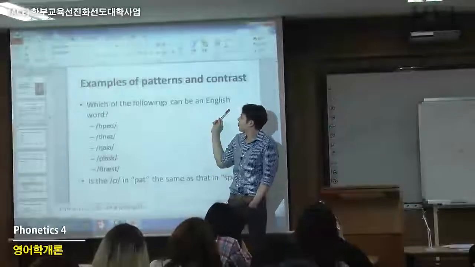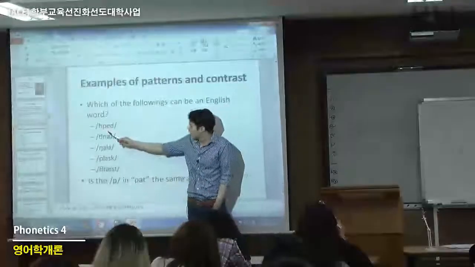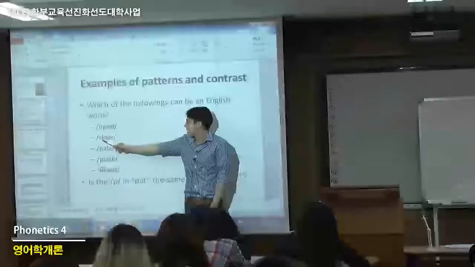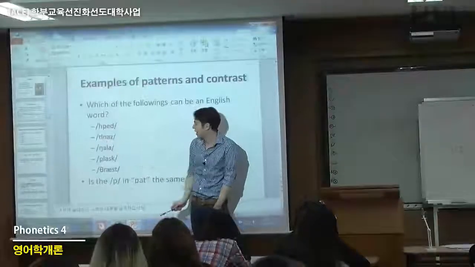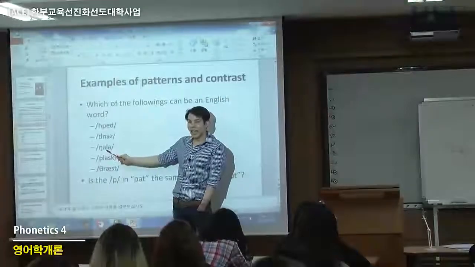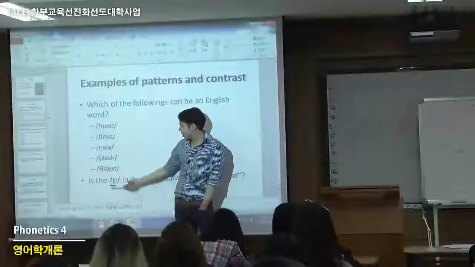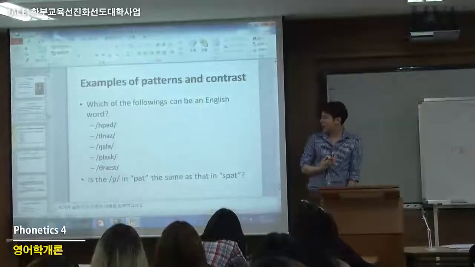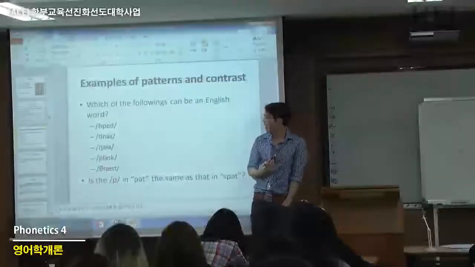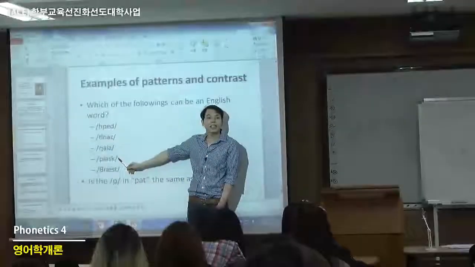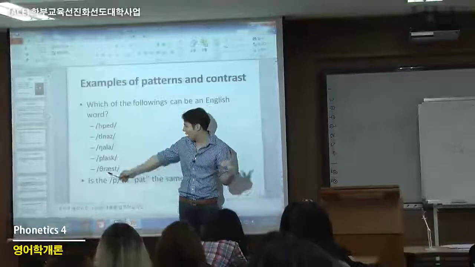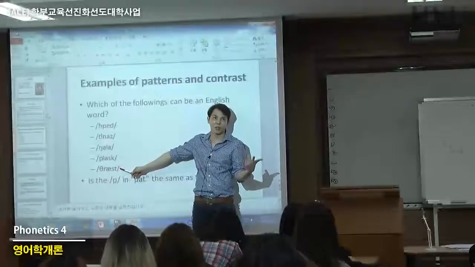So like this. If I ask you, which of the following can be an English word? This one, haped, talanaz, ngala, plask, or thrask. Which of the following could be an English word? You would say which one? Plask, right? Plask is easy because we have words like frask and so on. And thrask is also a possible English word.